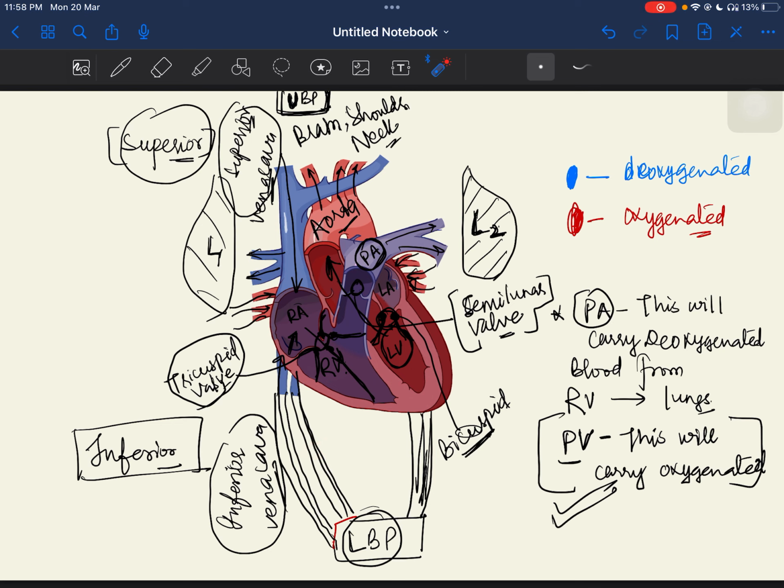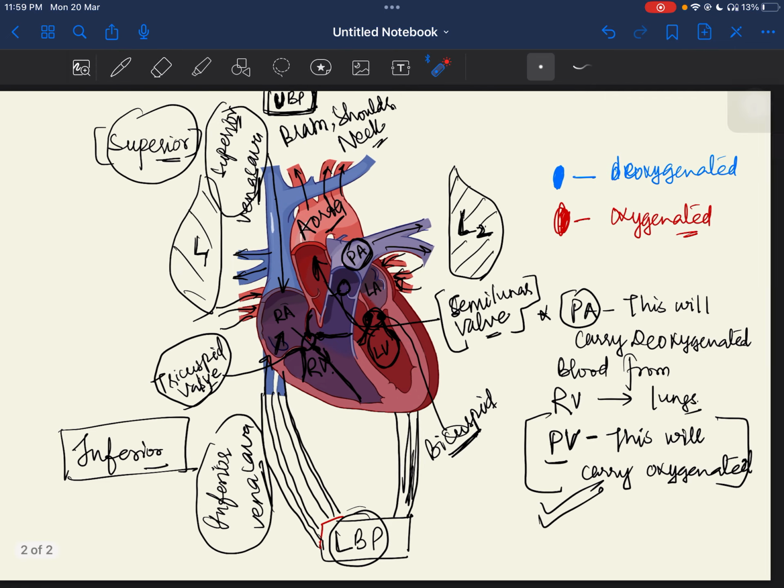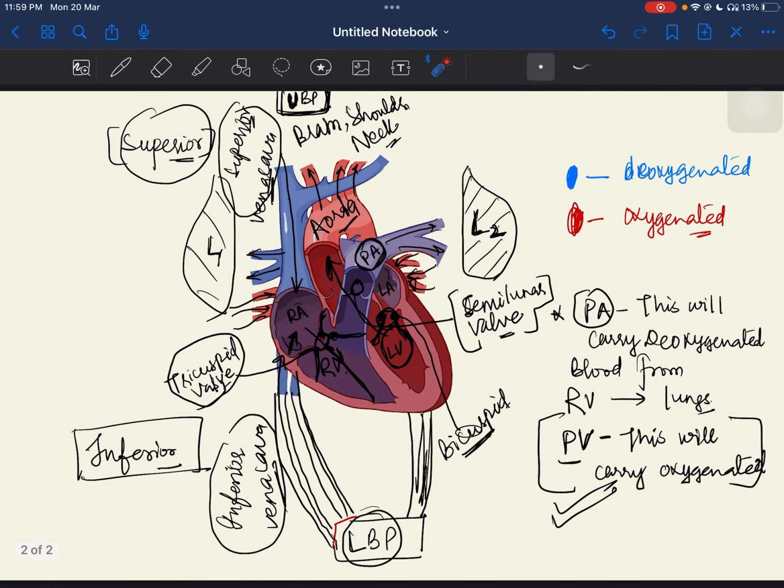So this is by pressure. Pressure is applied from here and from here, and this will squeeze, and the blood will pump to the right atrium. So the blood came into the right atrium, then it will pass into the right ventricle through the tricuspid valve. Why tricuspid? Because the chorda tendineae is attached at three ends.